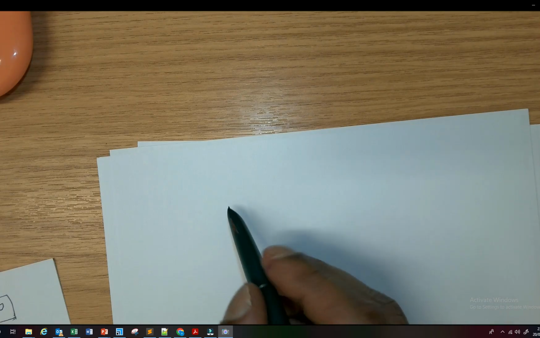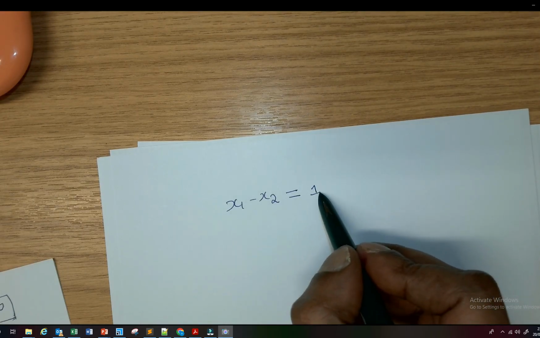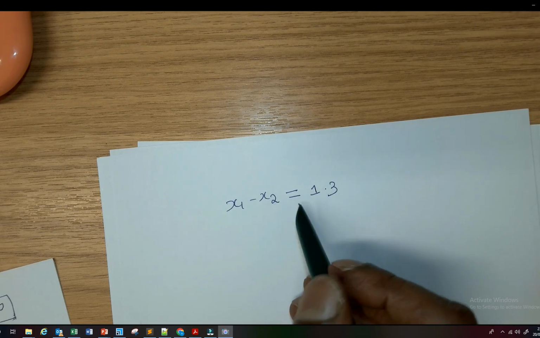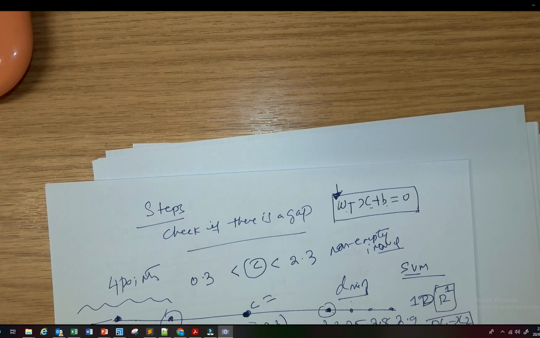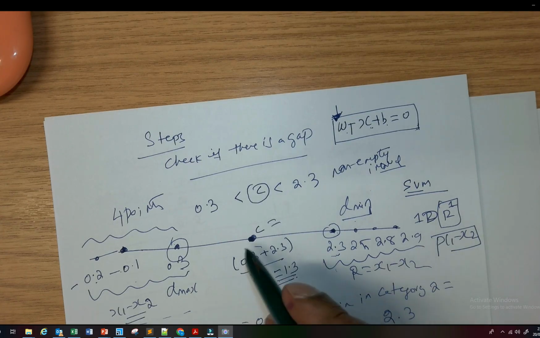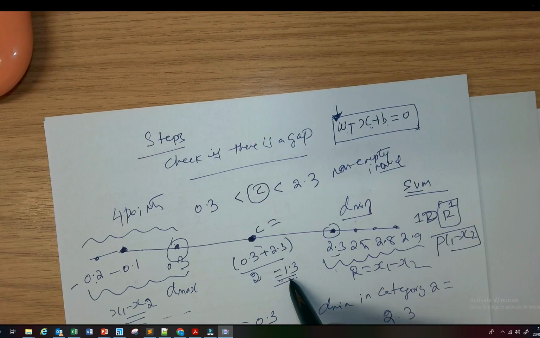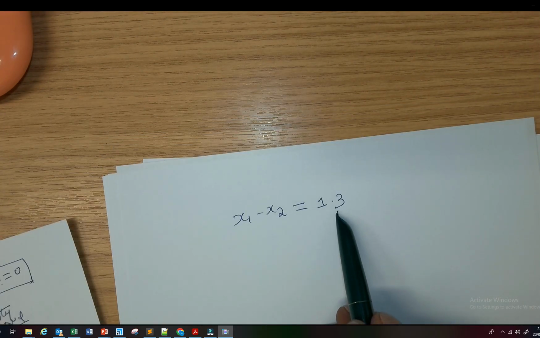So let's write that again here on a fresh paper. x1 minus x2 is equal to 1.3. If you treat the data as a one-dimensional problem, this point C, which is equal to 1.3, is nothing but x1 minus x2, isn't it? What's the meaning of this point 1.3? The meaning of that point is x1 minus x2 is equal to 1.3.